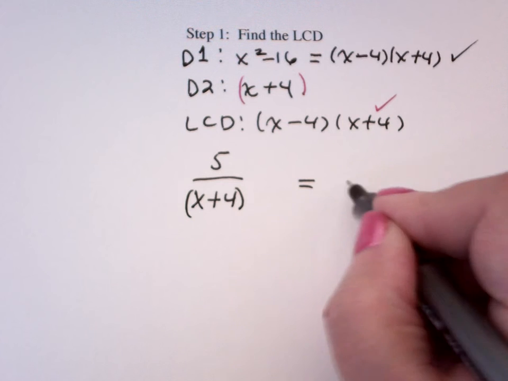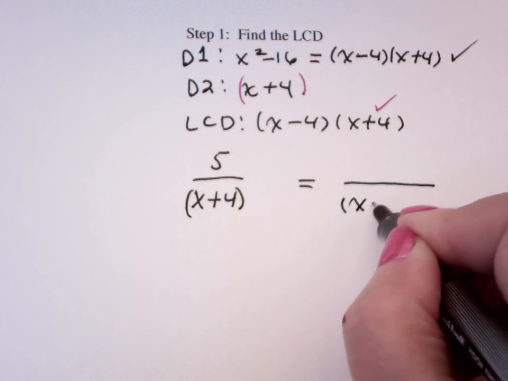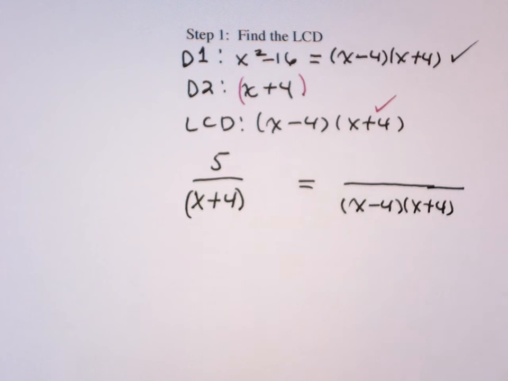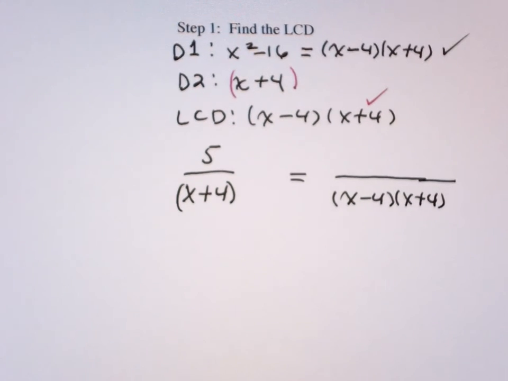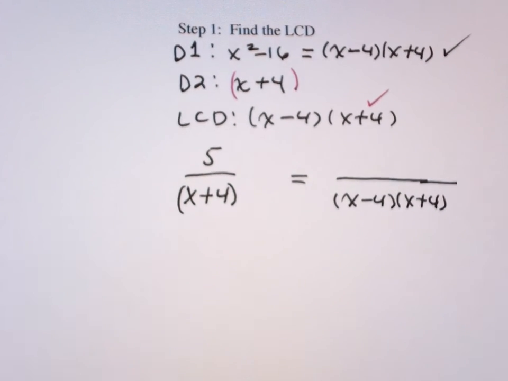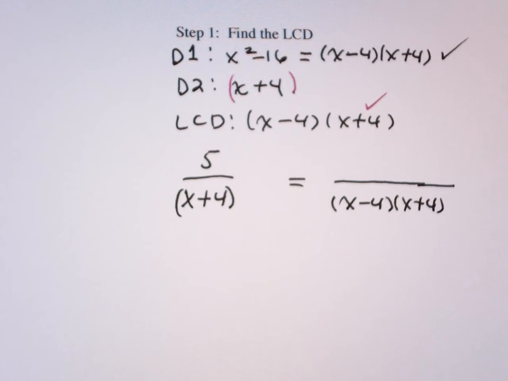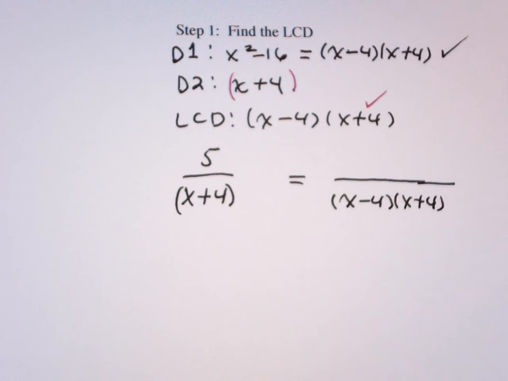I need to make the denominator x minus 4, x plus 4. By the way, I'm going through a lot of work here, and it's not necessarily that you have to work it the way I do, but most of the stuff I'm putting in here is explanation more than anything else as to why I chose to write stuff the way I wrote it. Not necessarily the way I would directly work the problem.